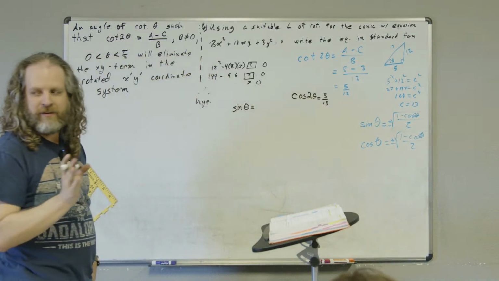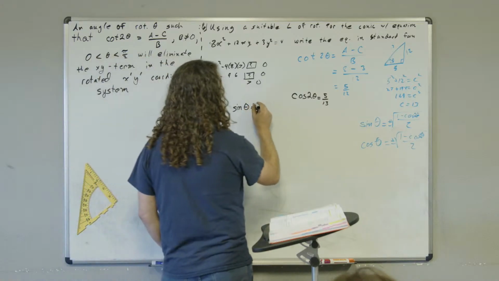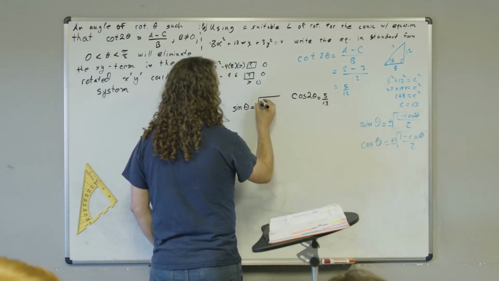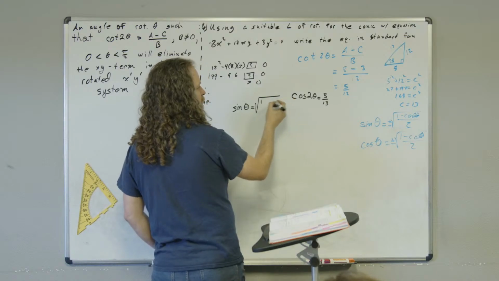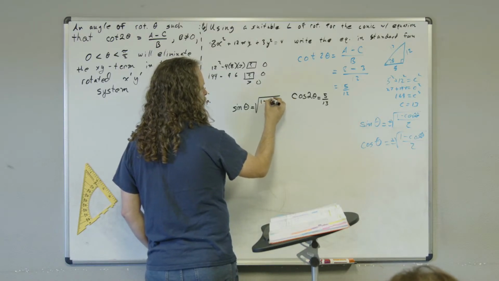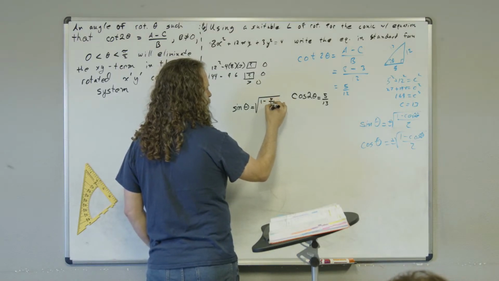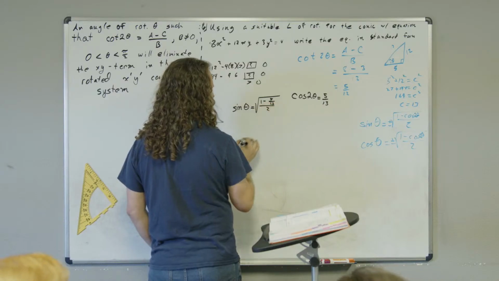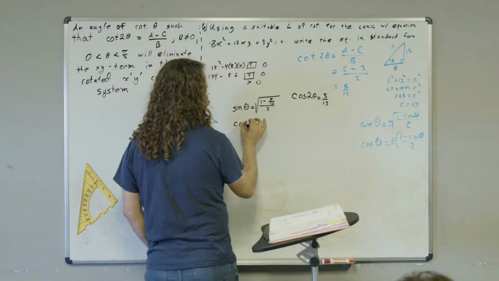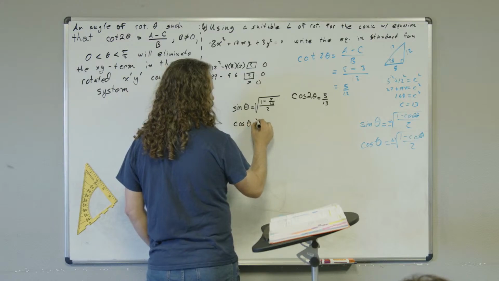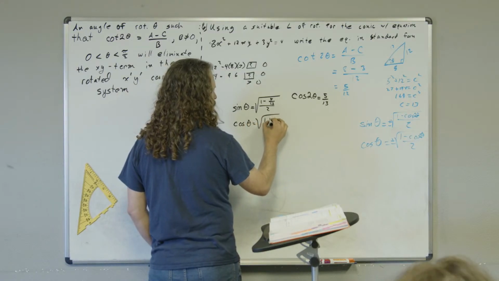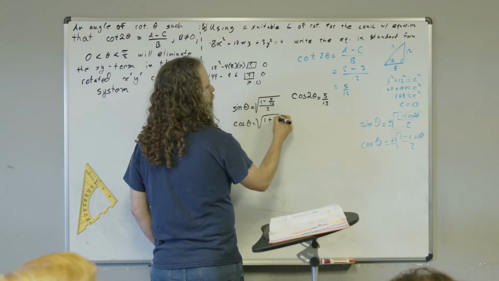So the square root of 1 minus cosine of 2 theta, so 1 minus 5/13 over 2.